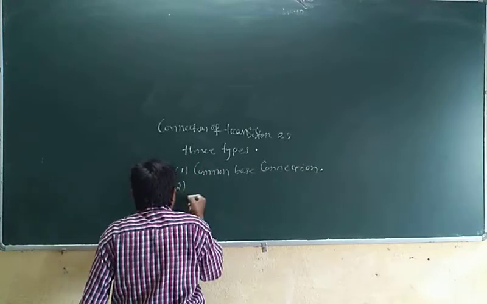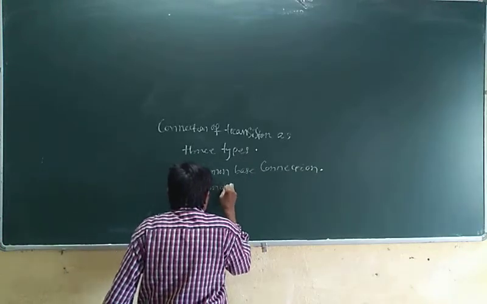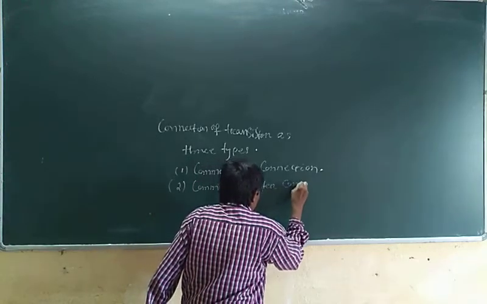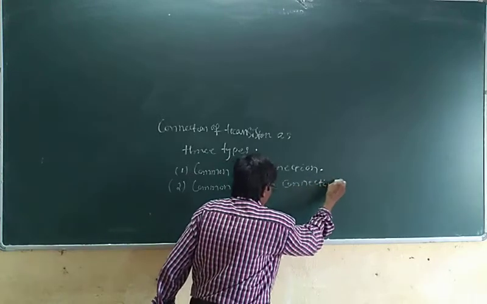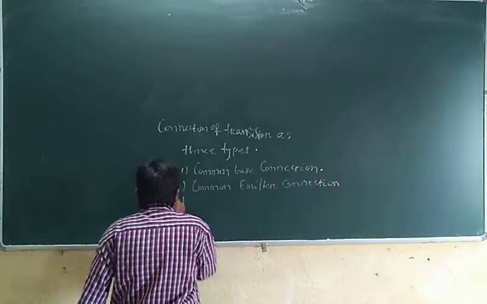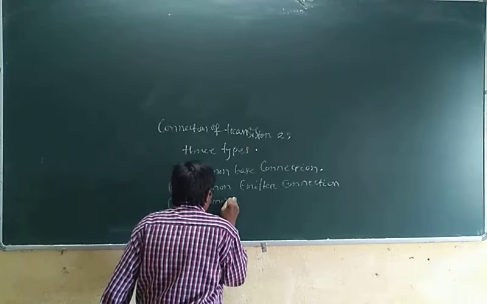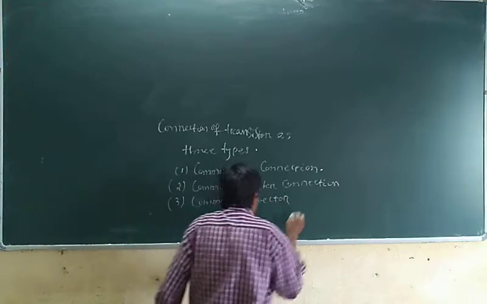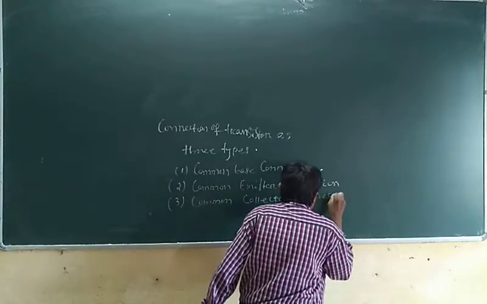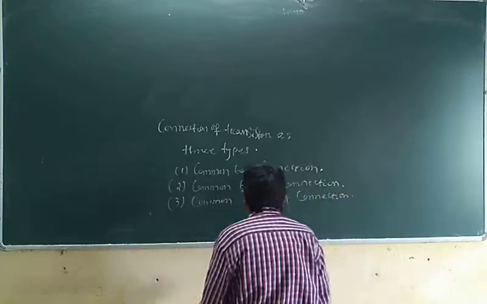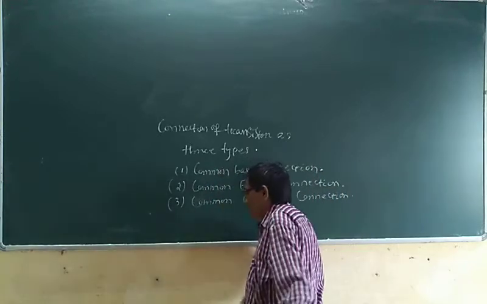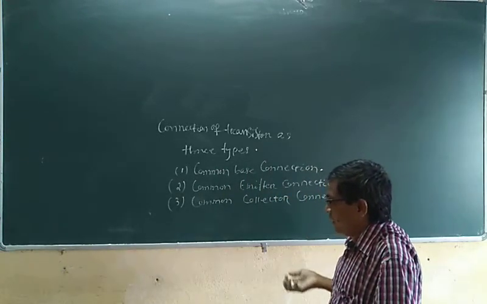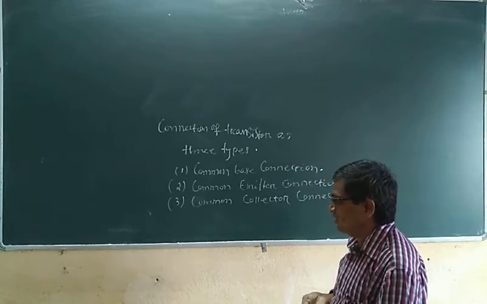Second, common emitter connection. Third one, common collector connection. In three ways, we connect a transistor in a circuit.